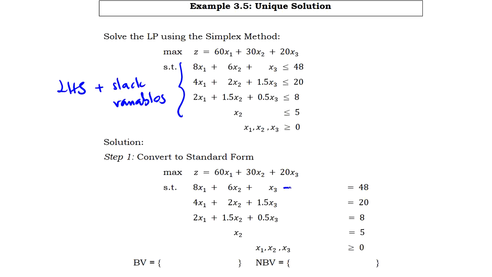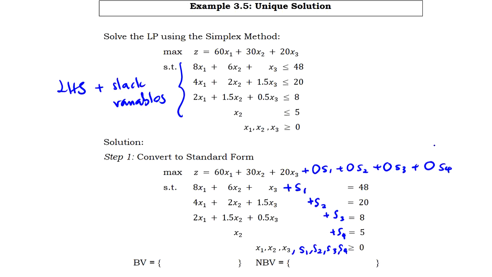So plus S1, plus S2, plus S3, and plus S4. S1, S2, S3, and S4 greater or equals to 0. And then for the objective function, plus 0 S1 plus 0 S2 plus 0 S3 plus 0 S4.